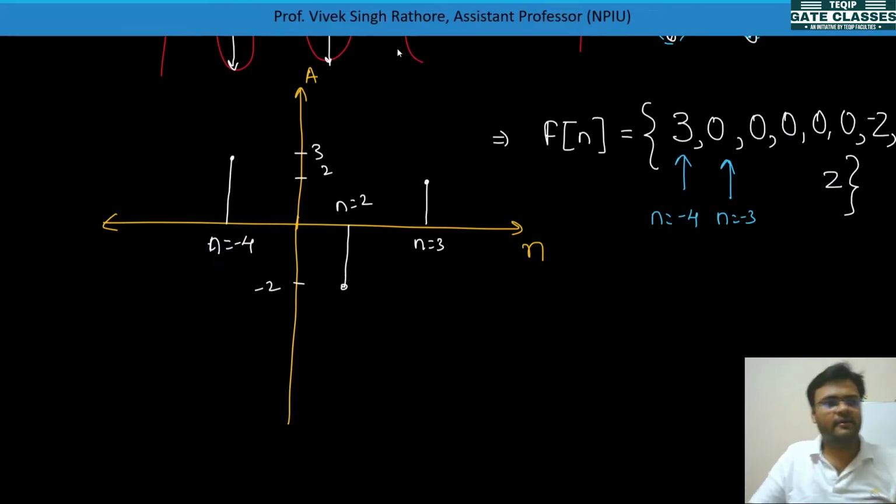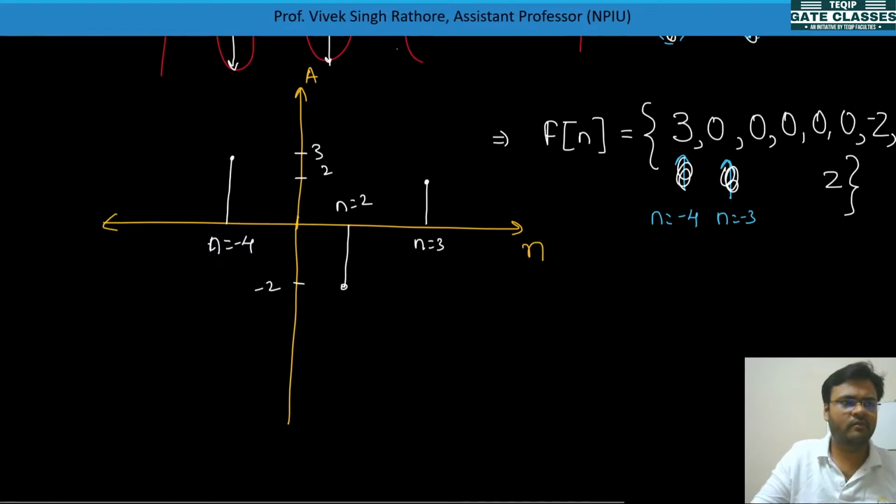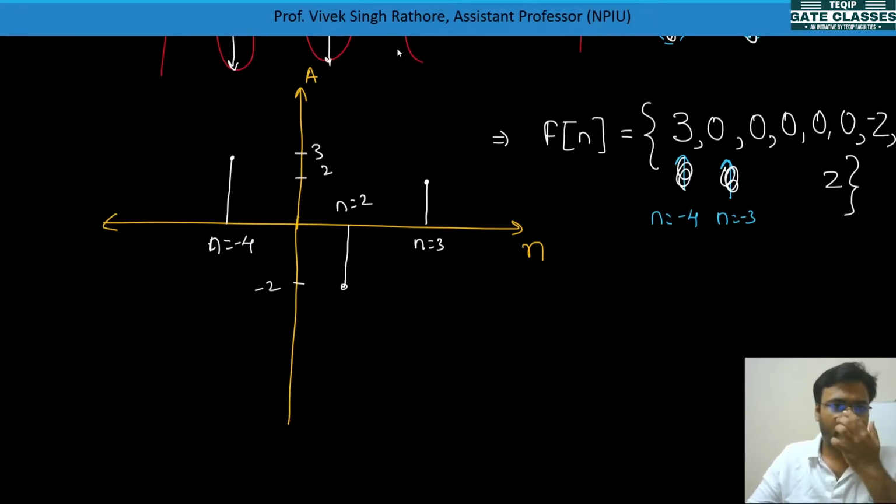Here we'll take the main arrow, in red color, at n is equal to 0, where the axis is -4, -3, -2, -1, 0. This is the format for writing it.